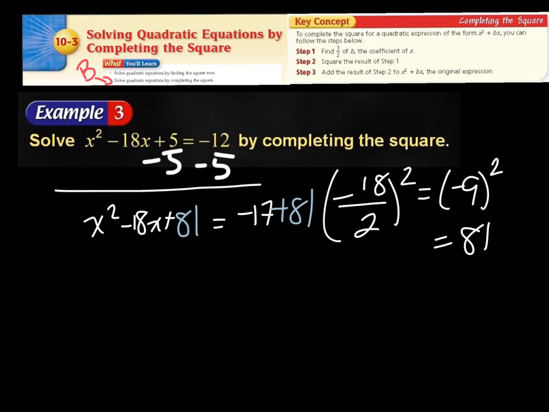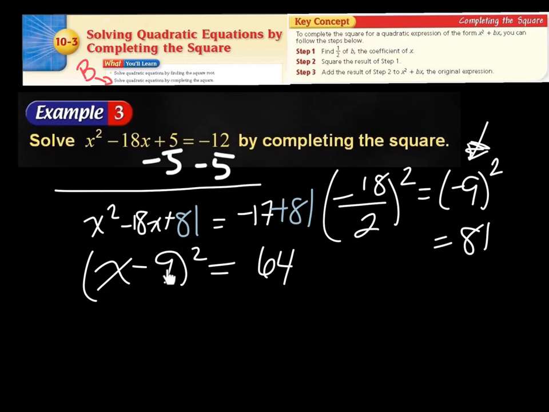So now I call this the shrink it step. We're going to write this as a perfect square, and we know what our constant is going to have to be. It's going to be x minus 9 squared equals 64. And remember, the reason we know that, every time if we're looking for what this would be as a perfect square, if we take the square root of 81, I get 9, and negative 9 times 2 is the negative 18.